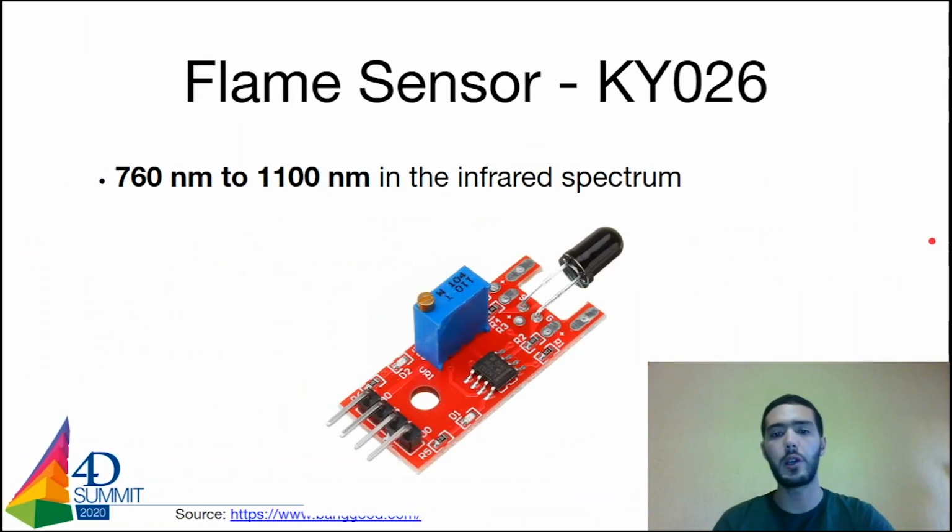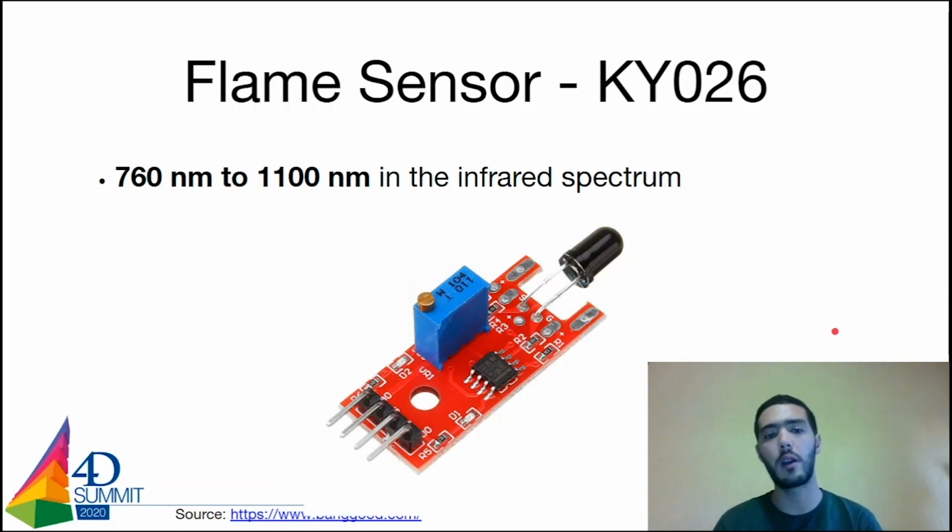The flame sensor is, in fact, an infrared spectrum sensor able to detect wavelengths from 760 nanometers to 1100 nanometers, always in the infrared spectrum.